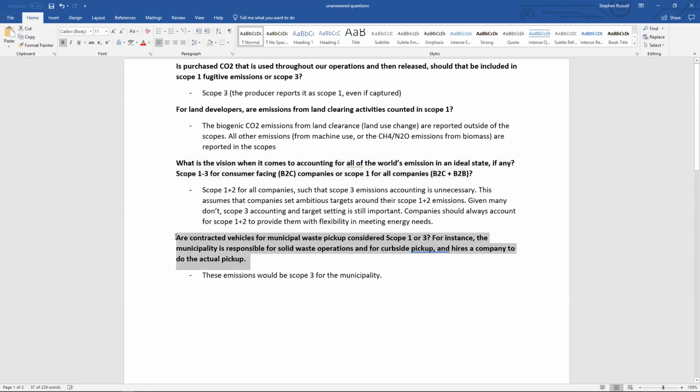The last question here concerns contracted vehicles. And if I understand the question correctly, the emissions from contracted vehicles will be reported under Scope 3.